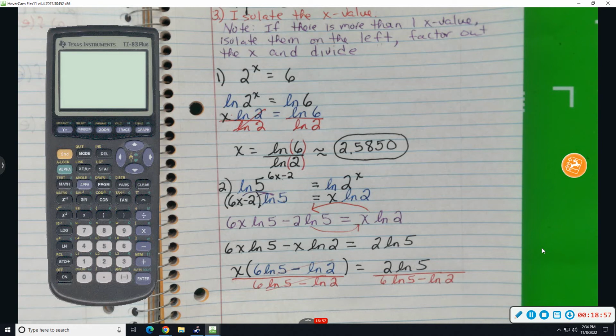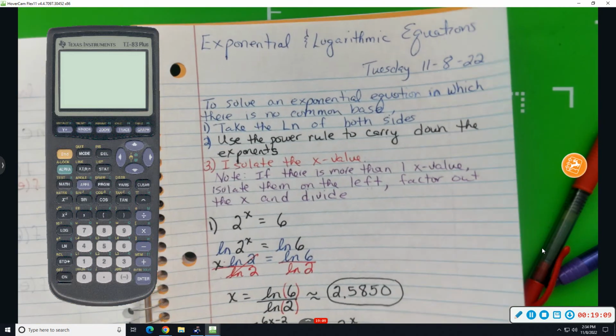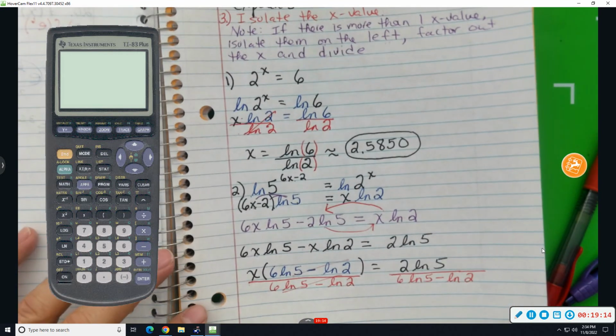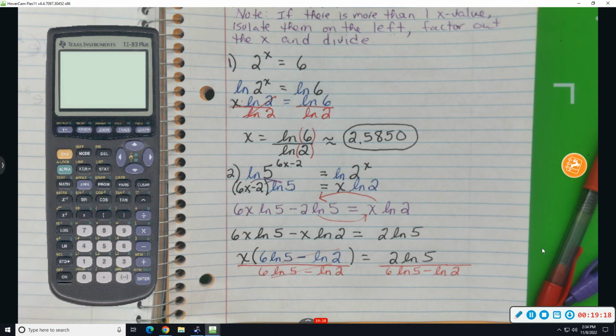Okay? Punching this into your calculator is not necessarily a trivial task. Since I'm out of room, let me write it over here. So we're going to have to punch this into our calculator.